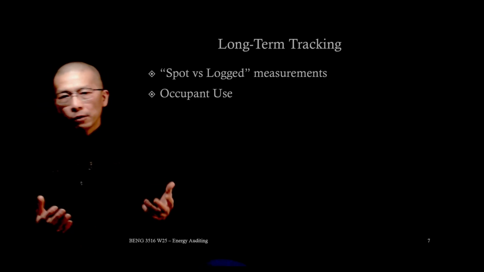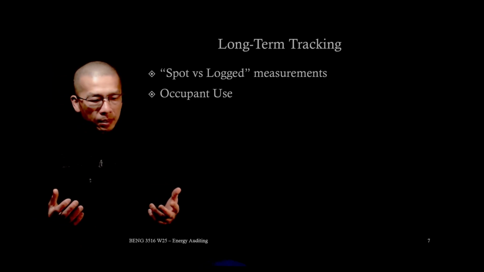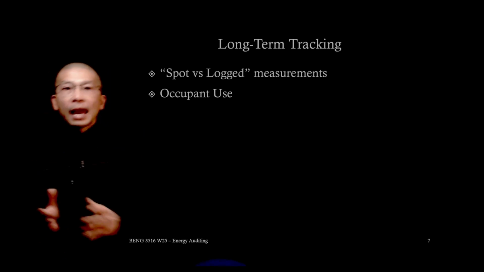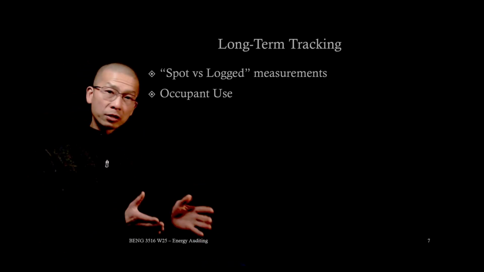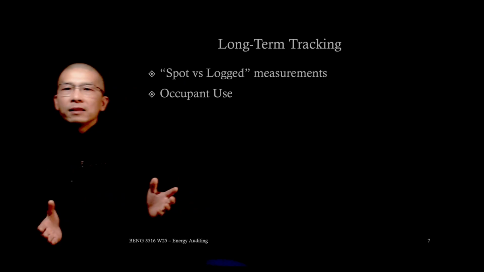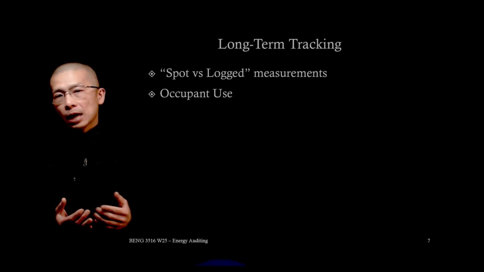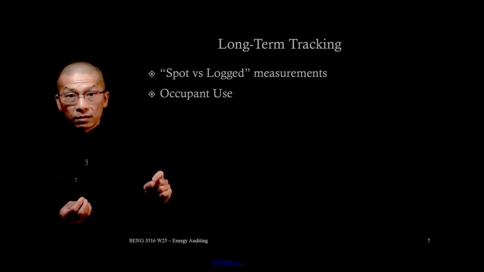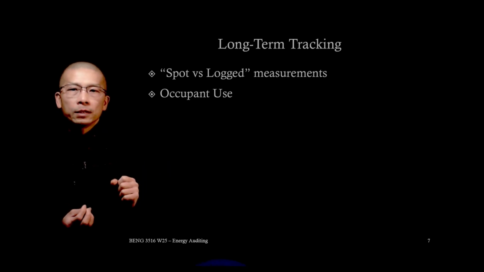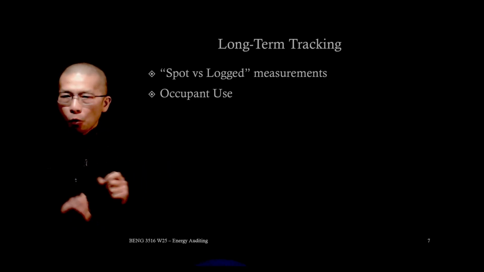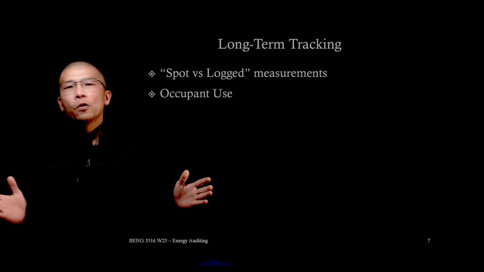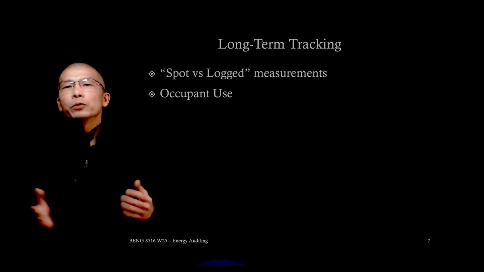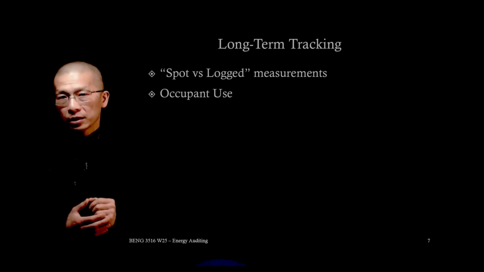For example, auditors sometimes place loggers on a Tuesday and retrieve them on Thursday, missing weekend activities, right? And a building schedule is often its biggest source of energy waste. So always log at least a full 7-day week to verify that the setback is working properly.